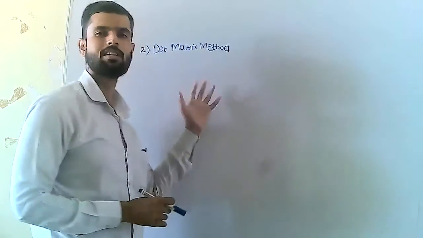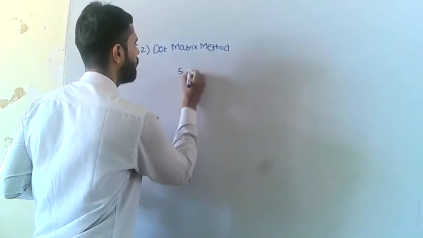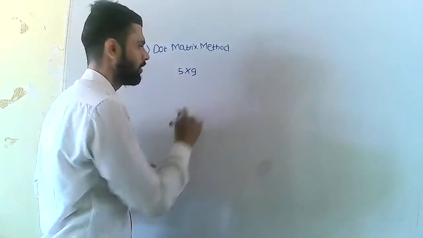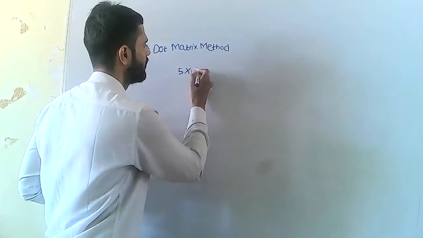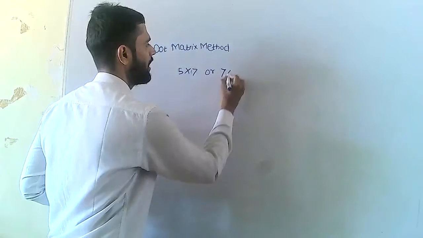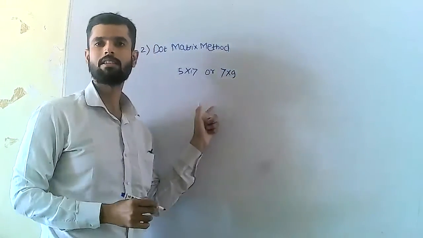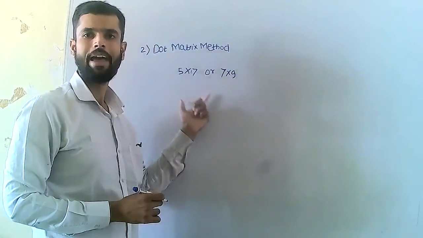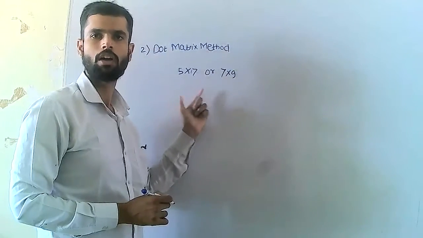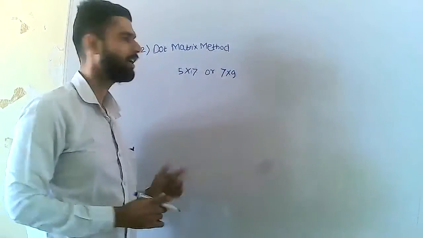Generally the size of the array is 5 by 7 or 7 by 9. So these are the two sizes of array which we are going to use in order to generate a particular character.